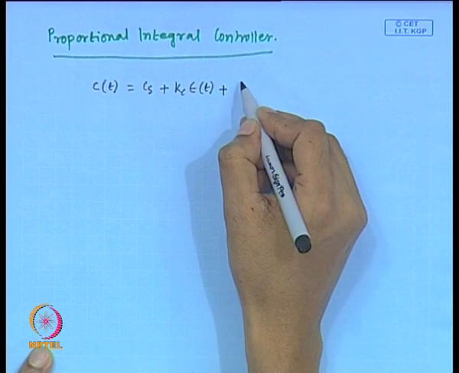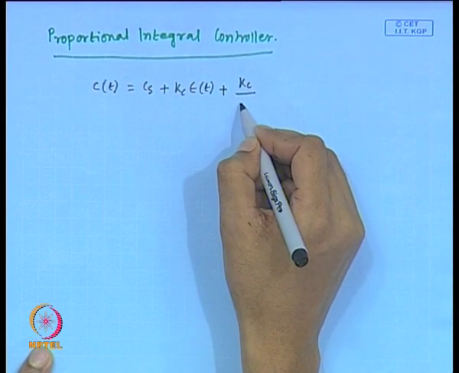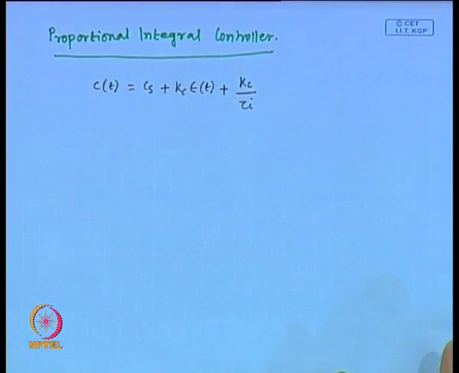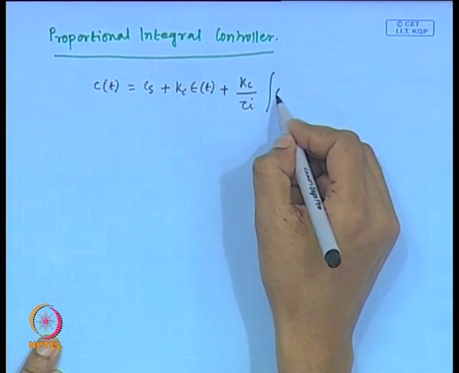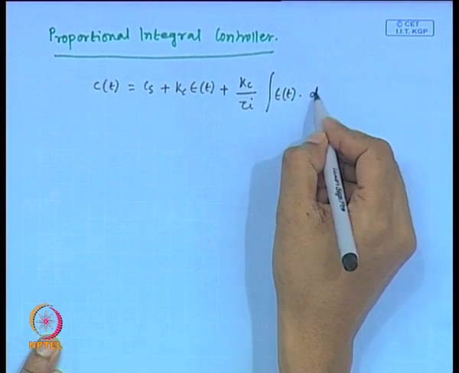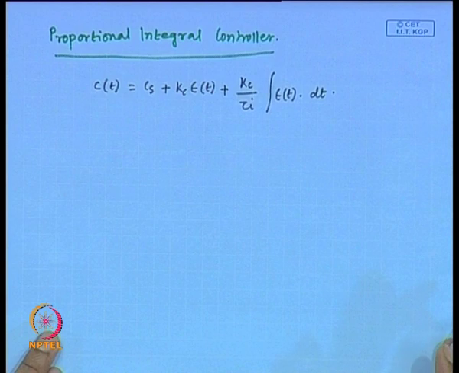Now, additionally we need to include the integral term with the P only controller to obtain the PI controller. That integral term is represented by Kc divided by tau I times the integration of error(t) dt.